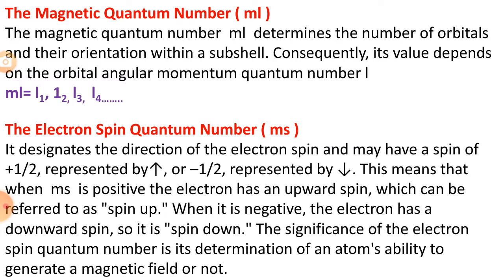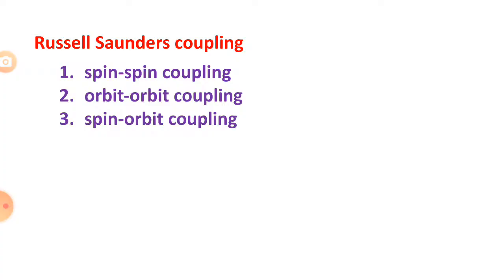The significance of the electron spin quantum number is that it determines an atom's ability to generate a magnetic field. The electron spins around its own axis, so it has spin angular momentum. So here we have ml and ms.